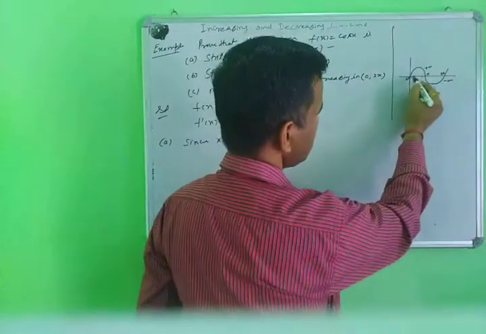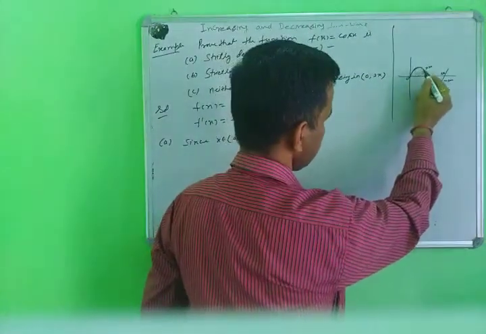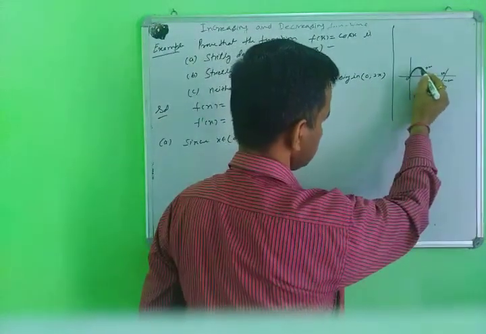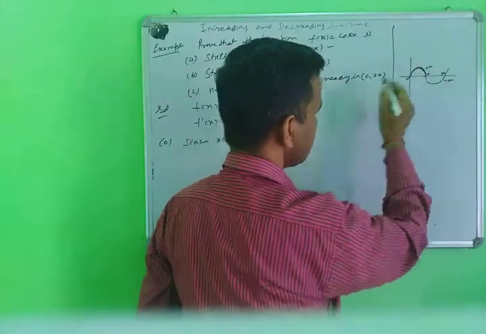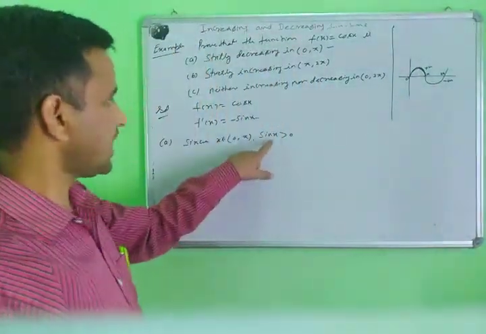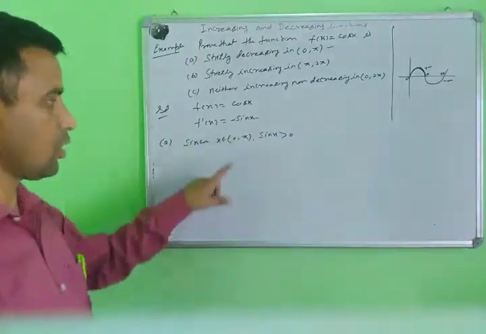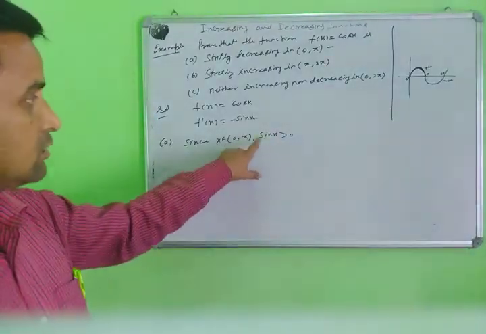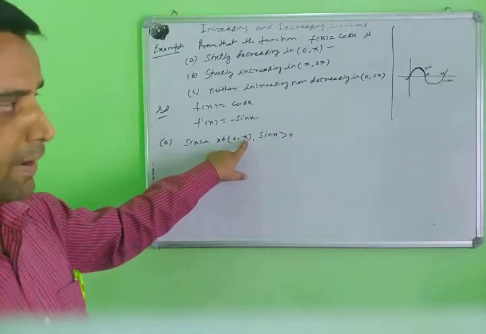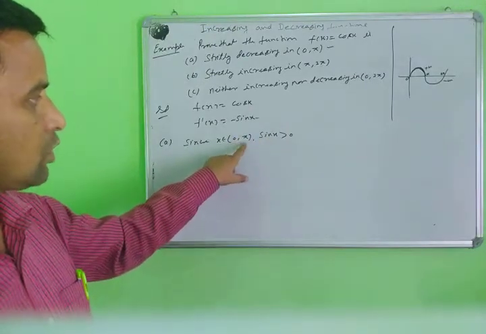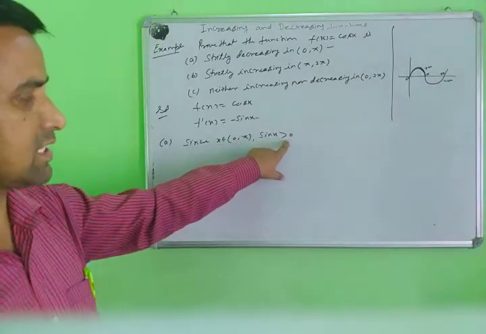So in this interval the value of sin x is always positive, greater than 0. This is the open interval, not closed, so it does not include 0 and pi, only the values between 0 and pi. Then the value of sin x will be greater than 0.